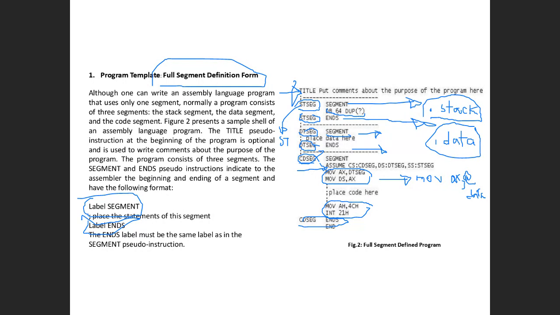This is just for understanding the two ways we can write it. Later on, since the full form needs more lines, we will mostly write in the simplified model.